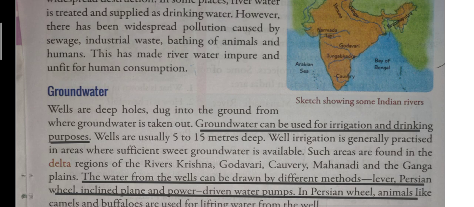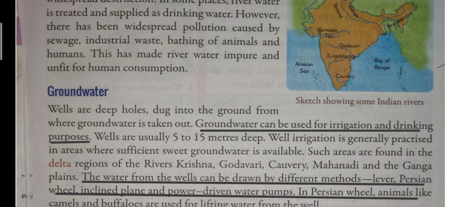So, children, groundwater is also known as underground water. That is the water which is found inside the earth's surface. So, how is the groundwater taken out? The groundwater is taken out from the ground by making wells. In Hindi, we call it kuwa.